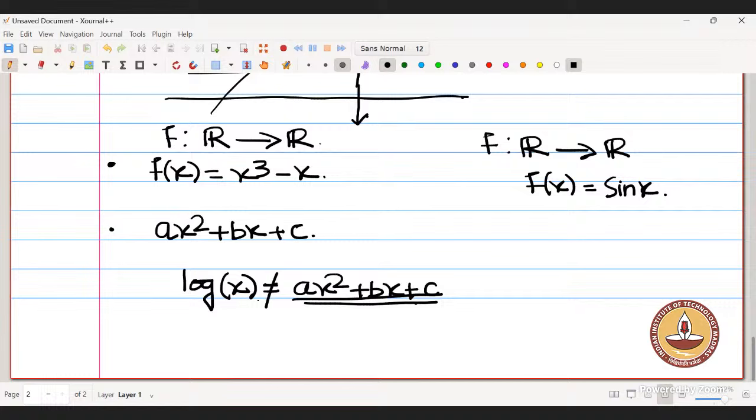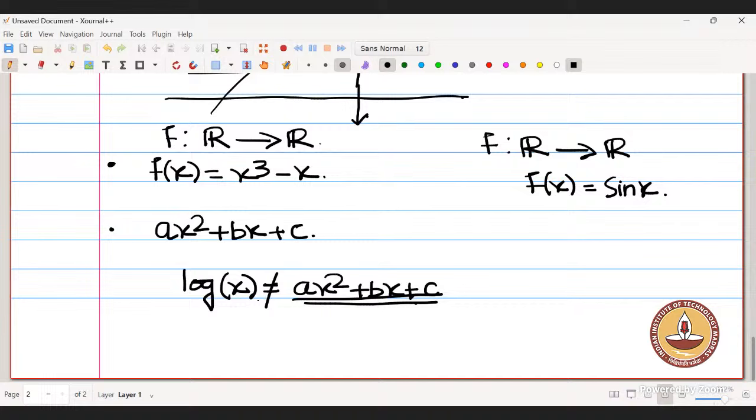That's why you can't say log x is quadratic. In some sense this is an infinite series, and you need differentiability to talk about the log series.